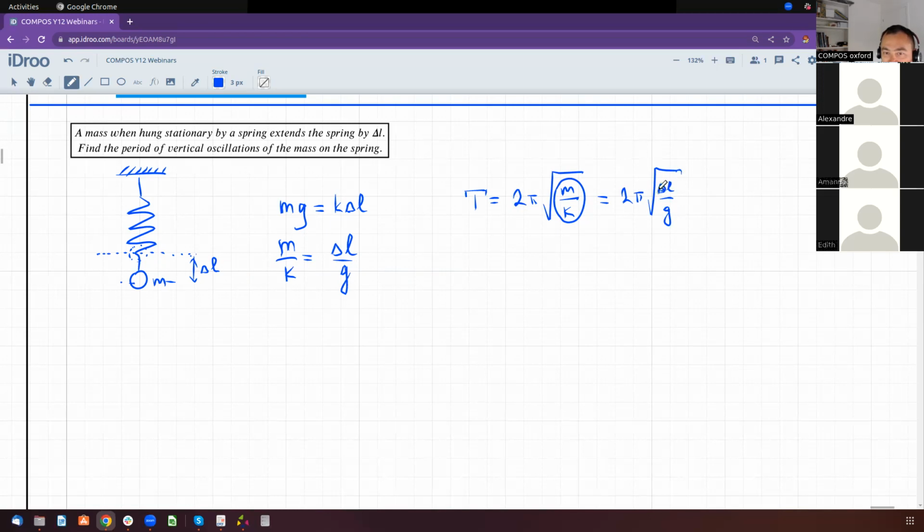And if you've done any simple harmonic motion, you should recognize this formula. Do you recognize it?